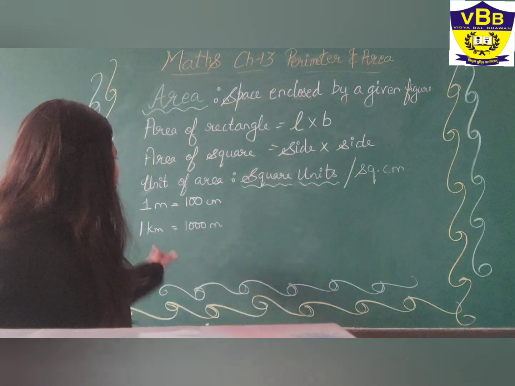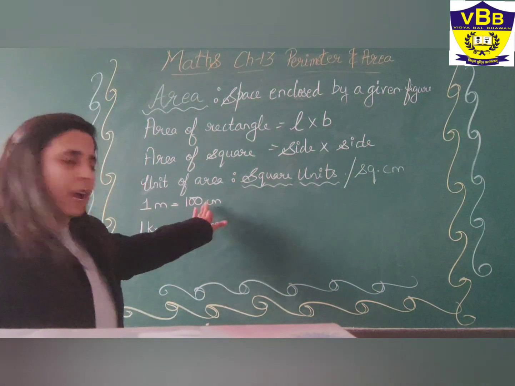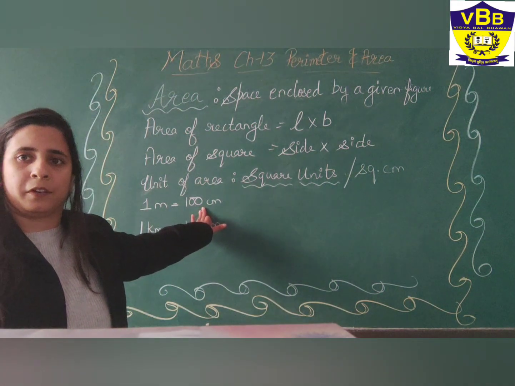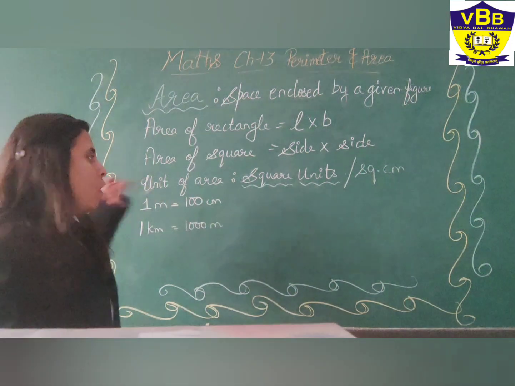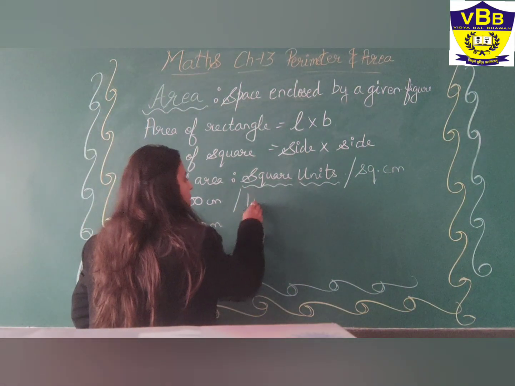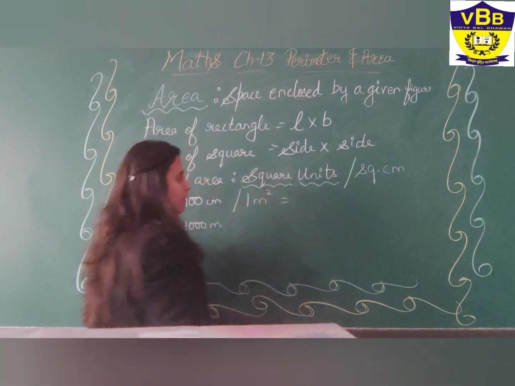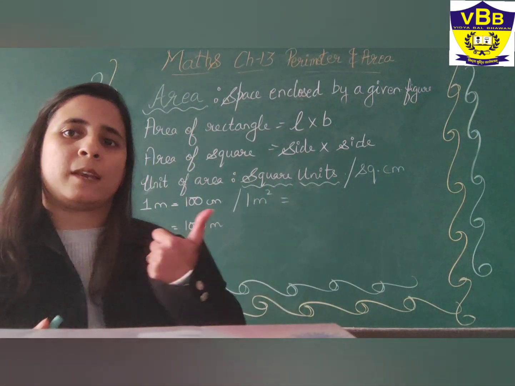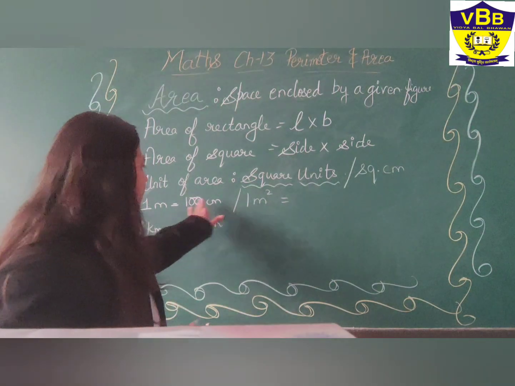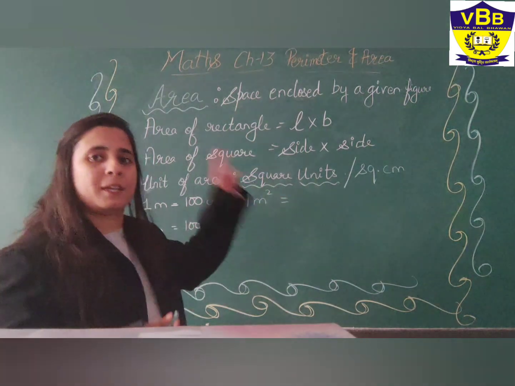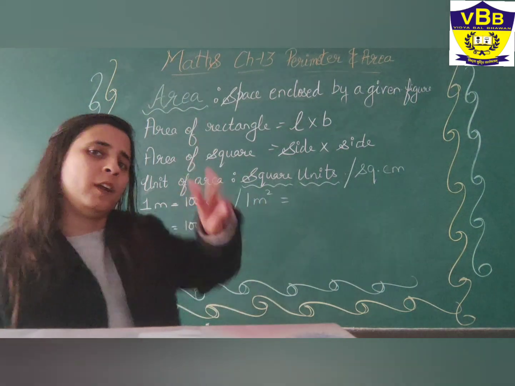Alright. Now, you all know 1 meter has 100 centimeter. Now, what will be 1 meter square? If we have to convert 1 meter square into centimeter square, meter square means you are going to multiply 100 twice.